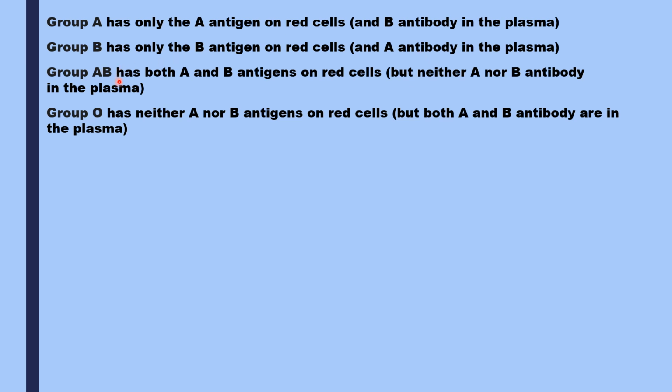A person having blood group AB has both the antigens A and B on the red cells, but there is no antibody, so neither antibody A nor antibody B is present in the plasma. Blood group O has neither A nor B antigen on the red cells, but both A and B antibodies are present in the plasma.